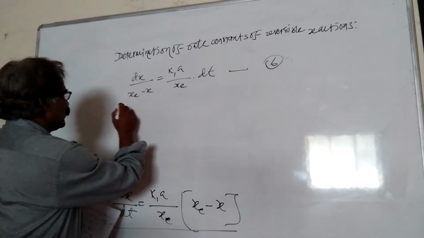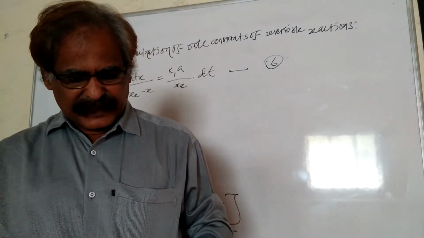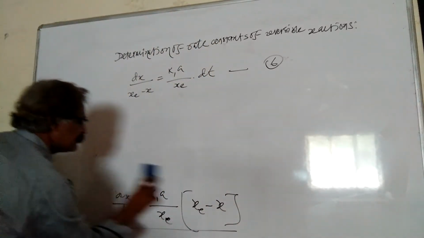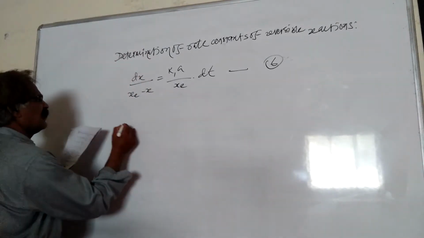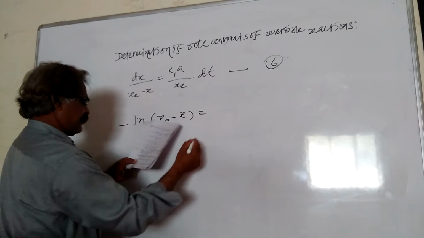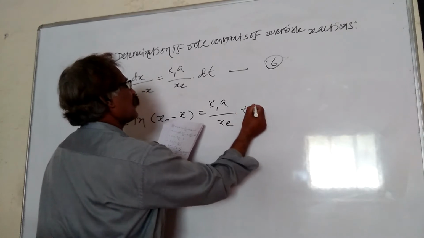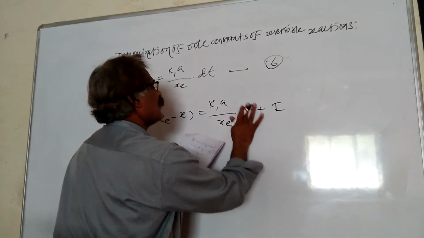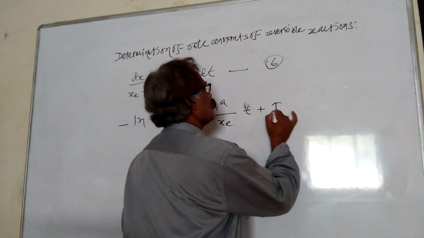Now this differential equation can be very easily integrated. So integrating equation number 6, we get minus natural logarithm of (xe minus x) is equal to K1a upon xe into t plus I, where I is known as integration constant.